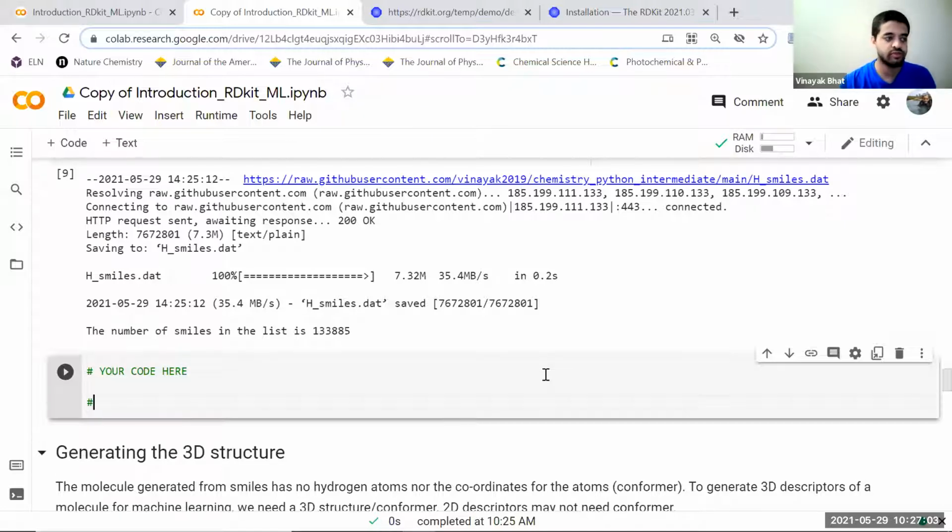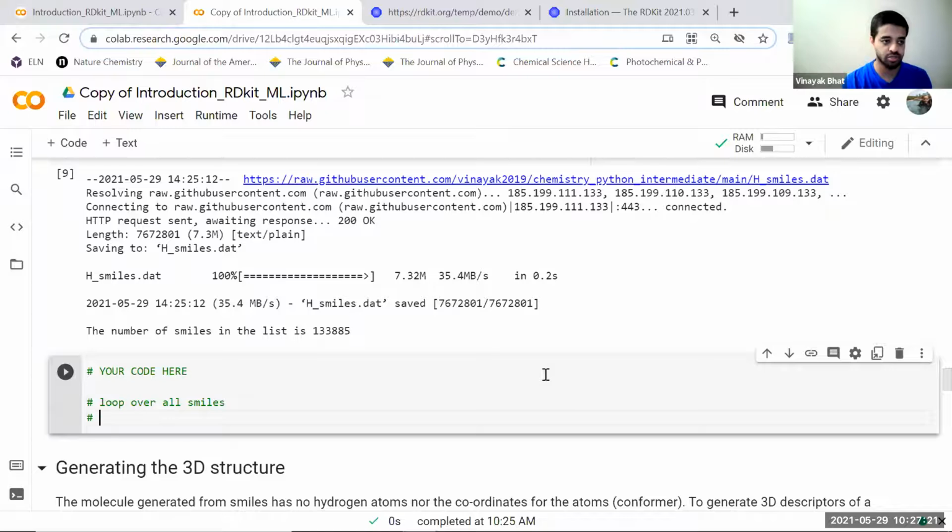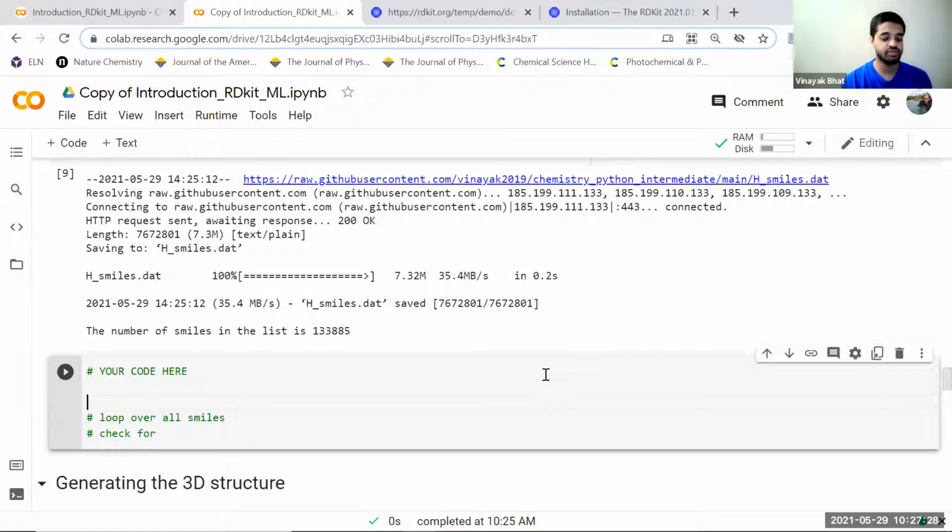For people who have no idea what to do, I'll just write a pseudocode here. Your task is to loop over all smiles. First, you'll write a for loop and check for the highest number.